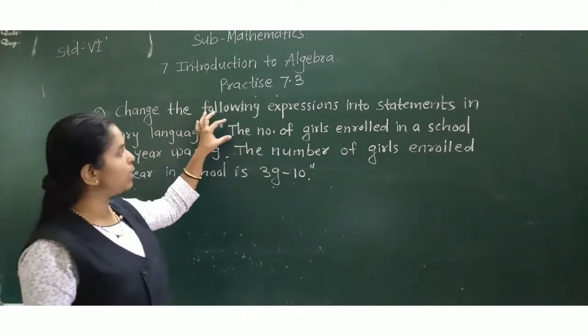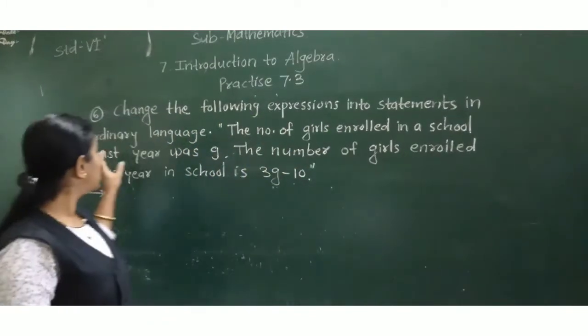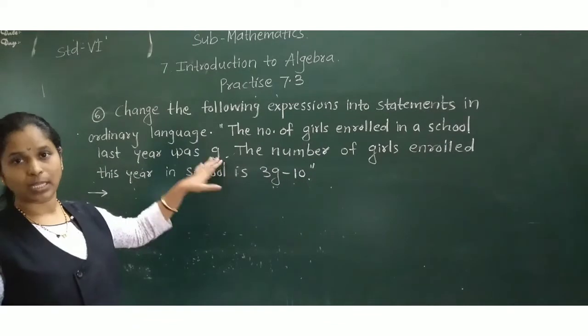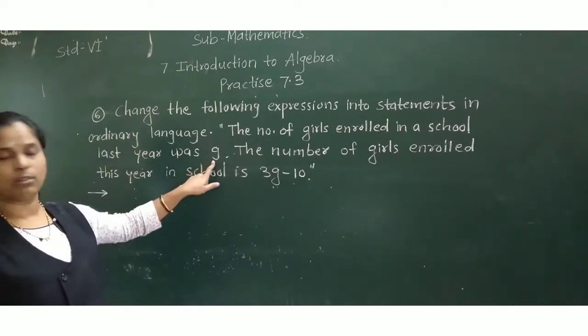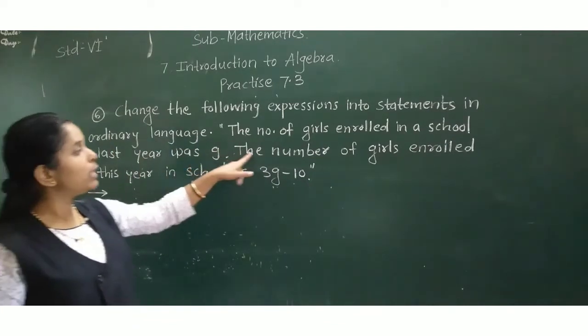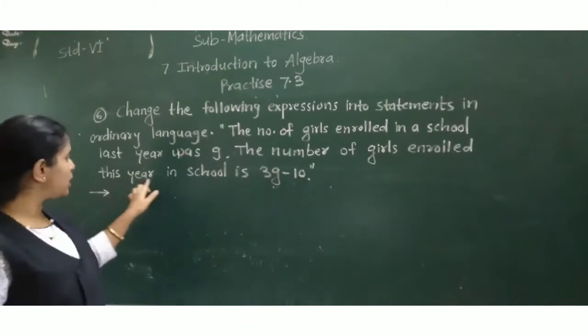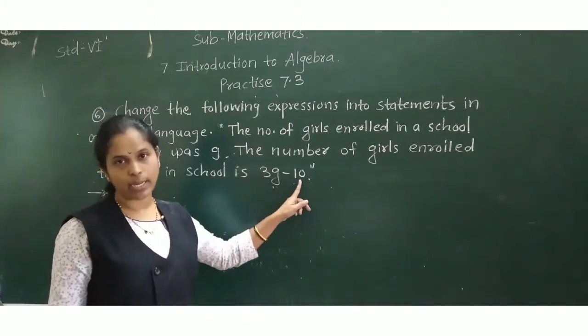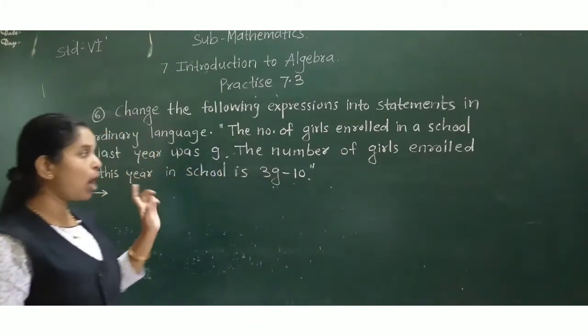Now see the statement. The number of girls enrolled in a school last year was G. Last year's enrollment was considered as G. The number of girls enrolled this year in school is 3G minus 10. So how to write it?